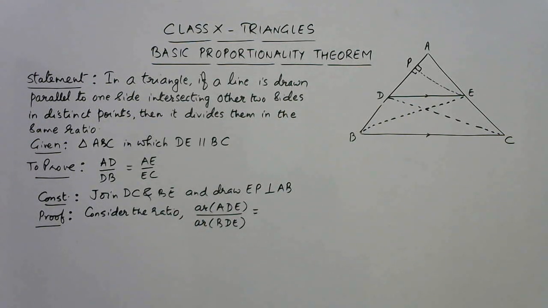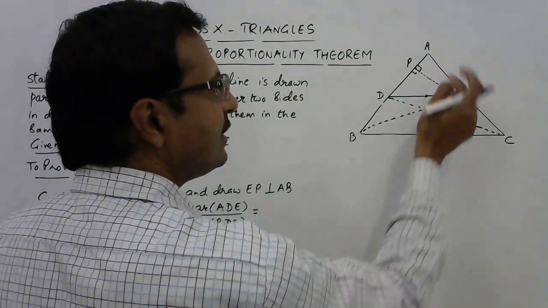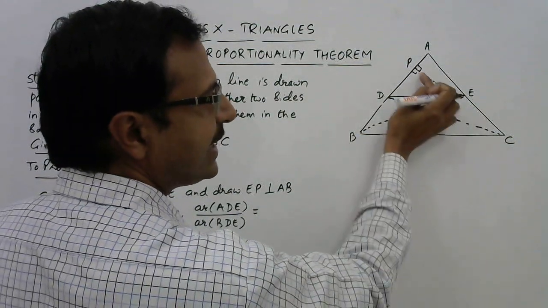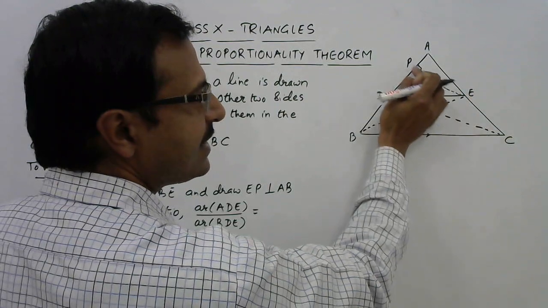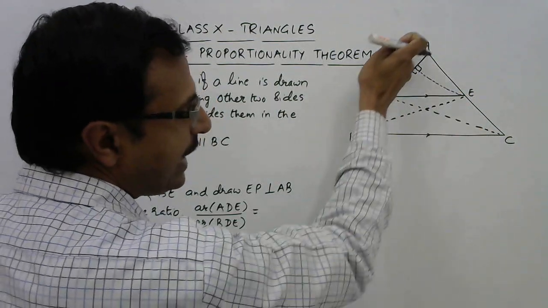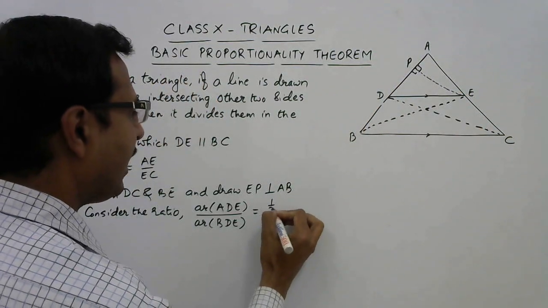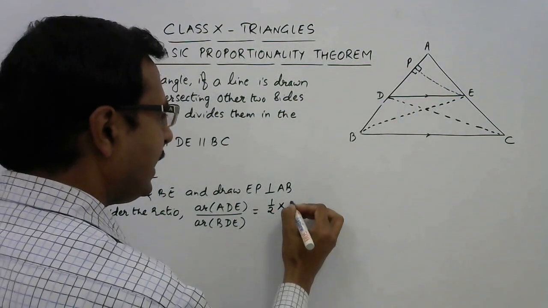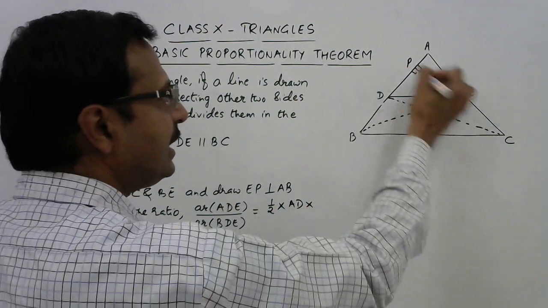We will apply the formula half into base into height. Now for the triangle ADE, this is the perpendicular, so this is the height. And on which side is this height made? This is made on AD. So the formula will be half into base AD into height EP.